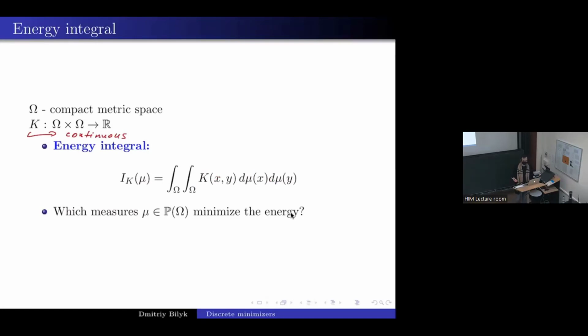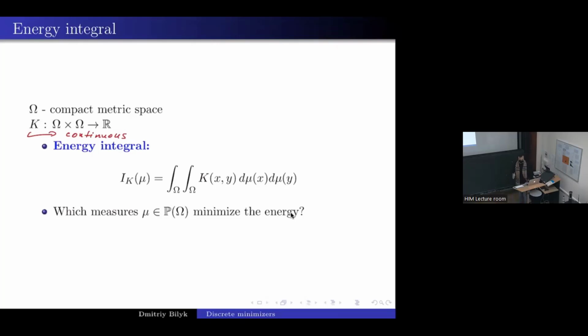You can think about this as if you put a charge, say of total charge 1, on this domain, and you're trying to understand what would be the optimal distribution under this interaction.